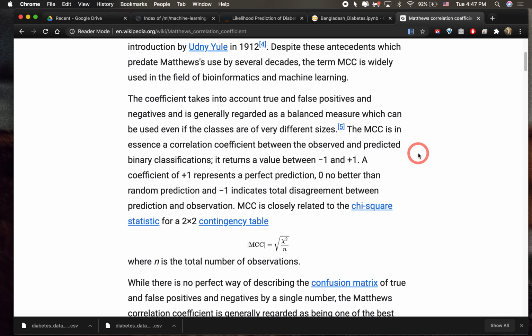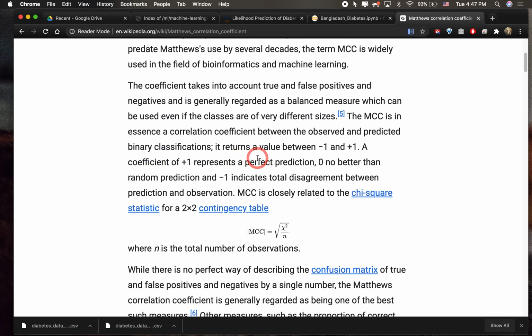So that's an important part, because a lot of the times the distribution of classes is really quite wide sometimes. So the MCC is a correlation coefficient between the observed and predicted binary classifications, and it's usually between -1 and 1, where 1 is perfect.